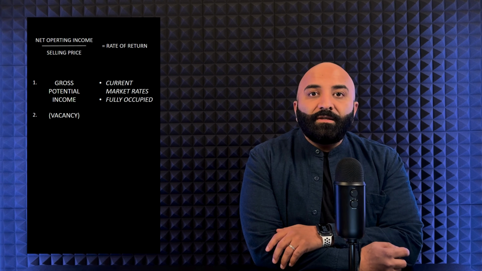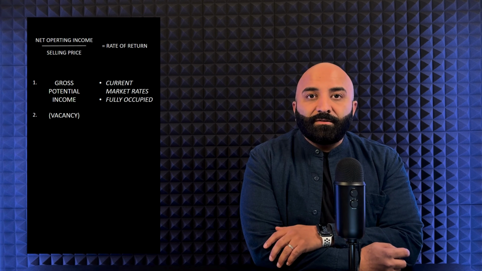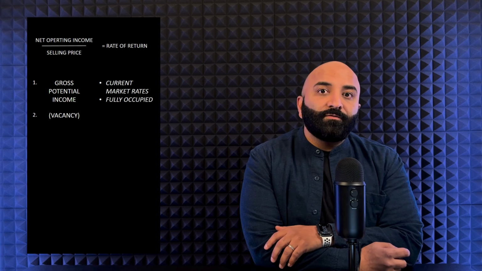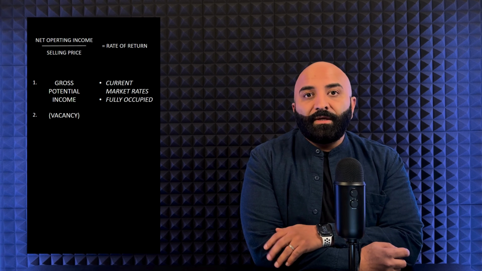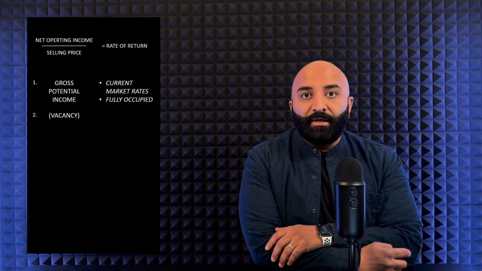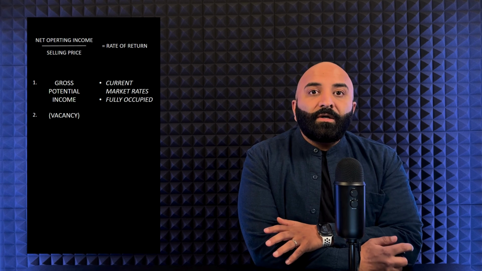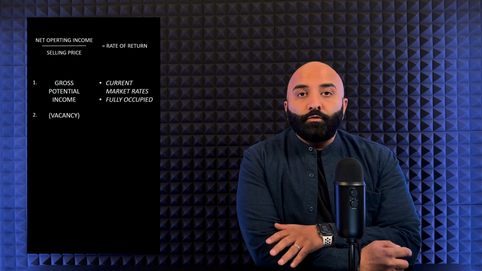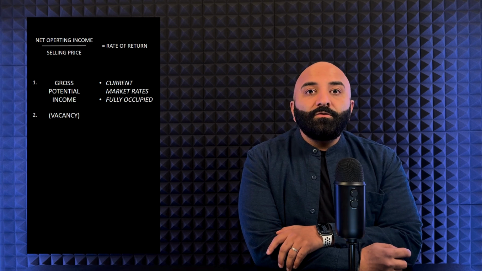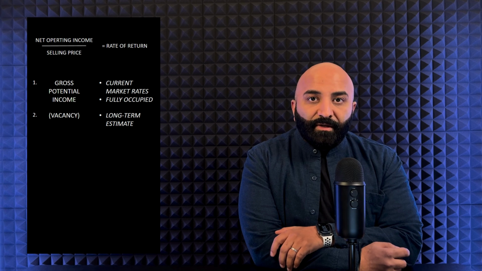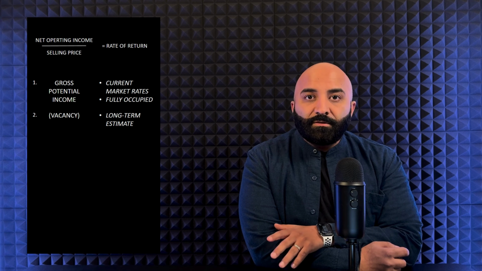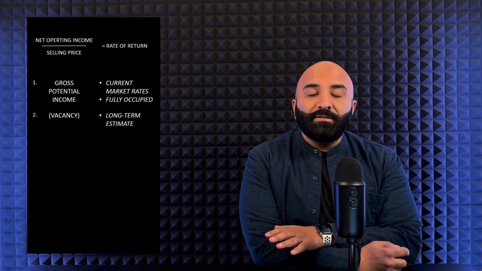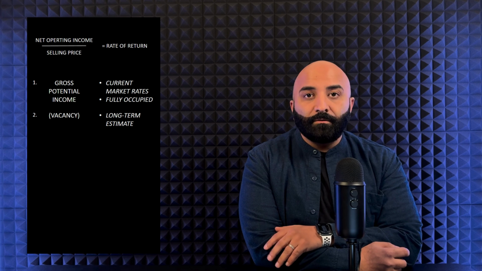Typically, we state vacancies on a percentage basis. It's an estimate, percentage-wise, of how much we think we won't be able to rent out this property during any given year. What's different about vacancy rates compared to rental rates is we use a long-term estimate for vacancy rates. Vacancy rates can spike up and down in the short term, so we want a bit more of a consistent average sort of on a long-term basis.